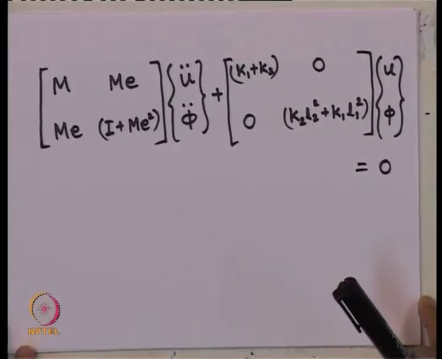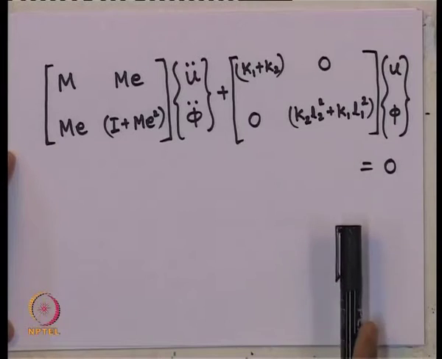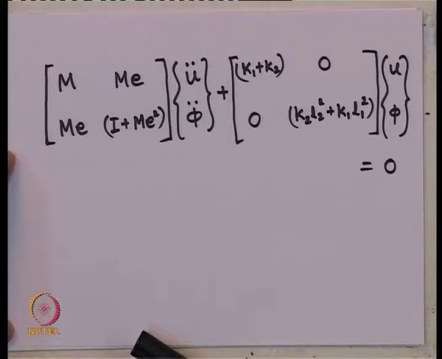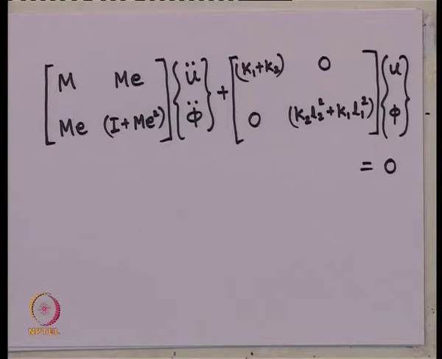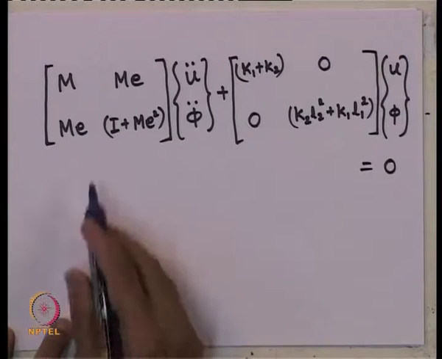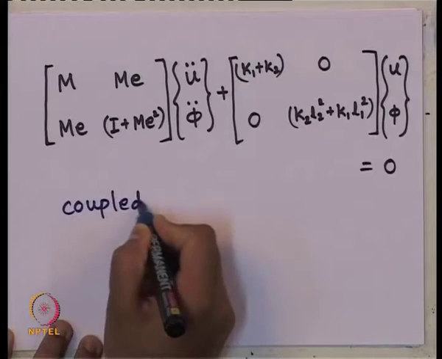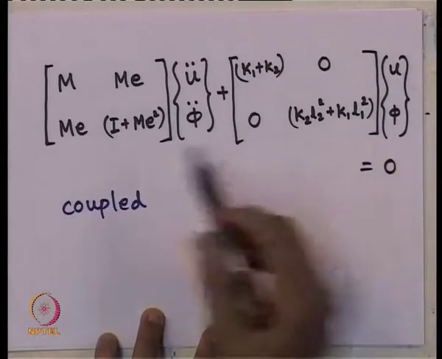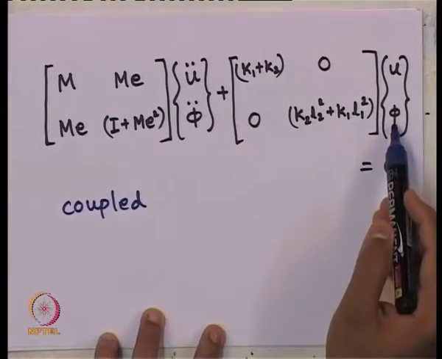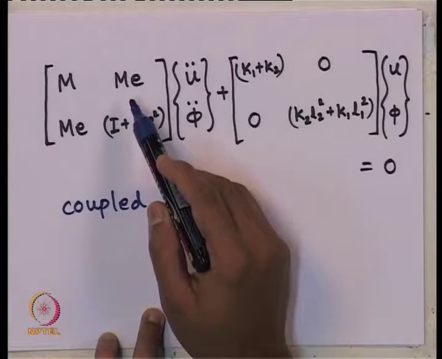So, after applying moment equilibrium and vertical force equilibrium, that is D'Alembert's principle, we get the equations in this format. If we look carefully at the mass matrix and stiffness matrix, the mass matrix is now coupled, because for the degree of freedom u, the vertical displacement, the entry for the rotational displacement component is non-zero.